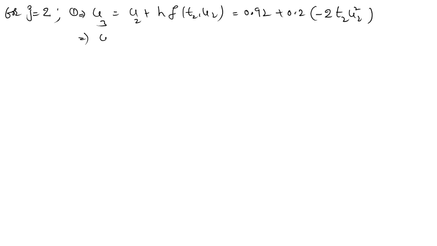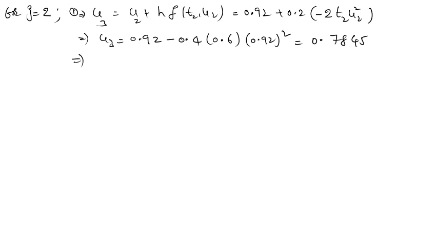So u3 equal to 0.92 minus 0.4 times t2 u2 square. What is t2? 0.6. And u2 square means 0.92 square. Totally, this value is 0.78458, that is u3, which is u of t3.